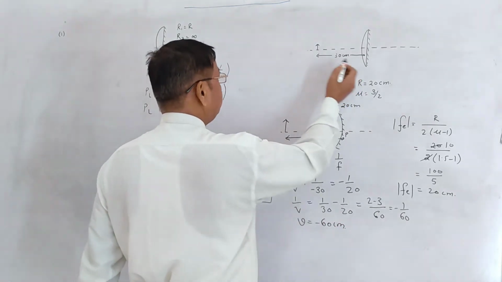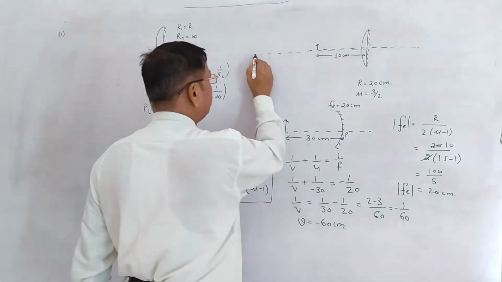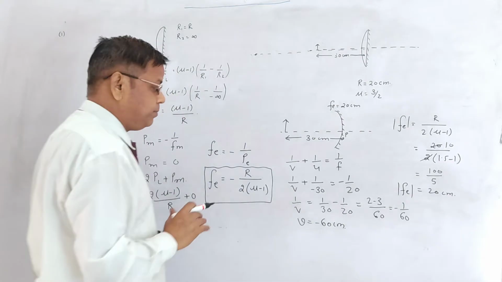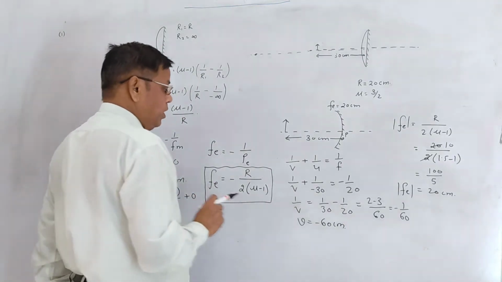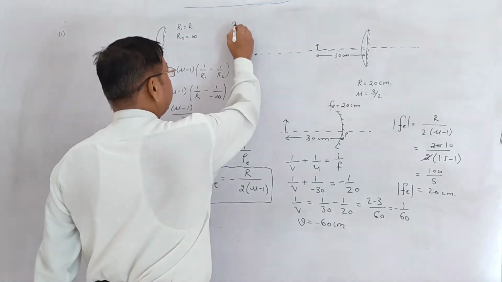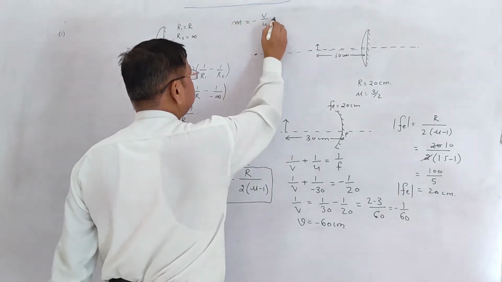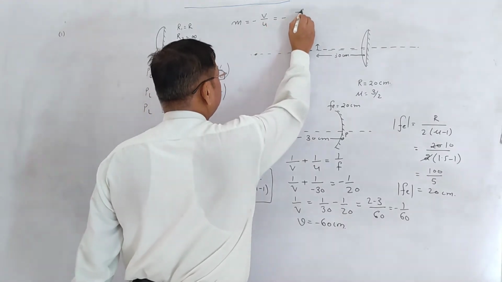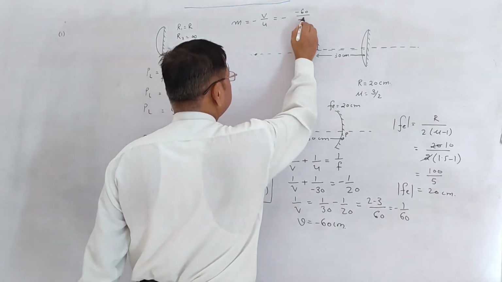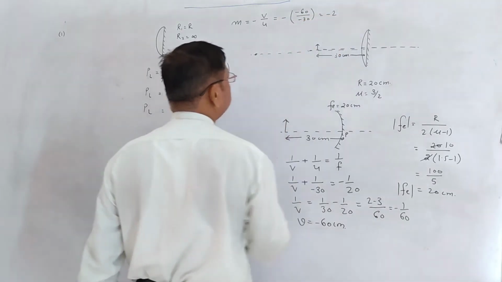It means the image will be formed somewhere here at 60 centimeter. U and V both have the same sign. So if you want to find the magnification, it is minus V by U for a mirror. So minus 60 divided by minus 30, so it is minus 2.